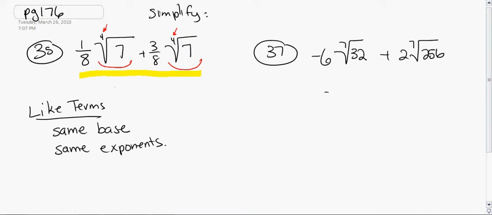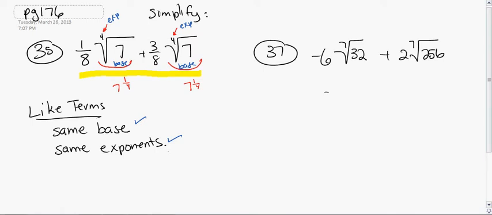I could write this as 7 to the 1/4 power, which might make it easier to see that the 7 is the base and the 1/4 is my exponent. So I definitely have like terms.